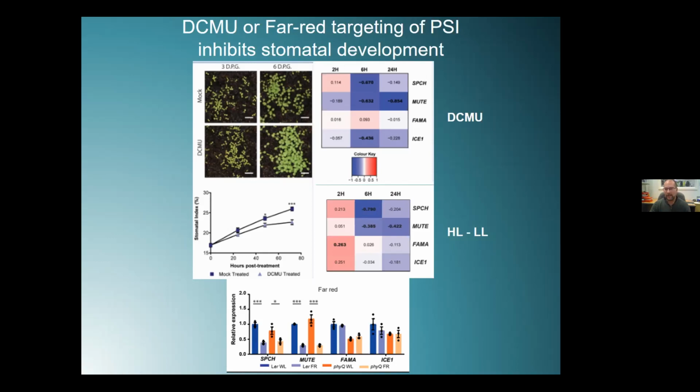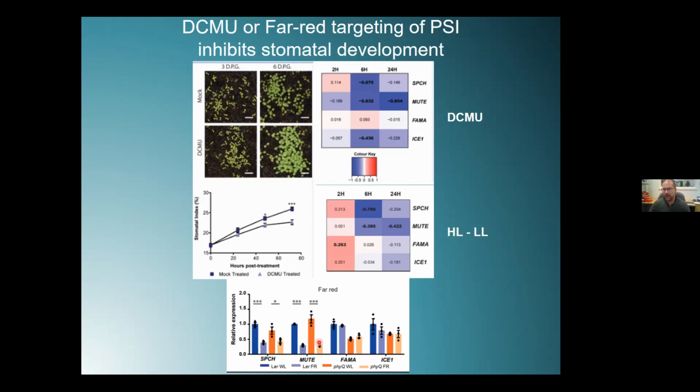We grew plants under high light conditions, and then gave them a pulse of far red light and looked to see what happened to the expression of key stomatal regulators. And here we can see in a wild type Landsberg erecta, we see downregulation of SPEECHLESS, we see downregulation of MUTE. And when you do this in this phytochrome null mutant, you see the same thing.